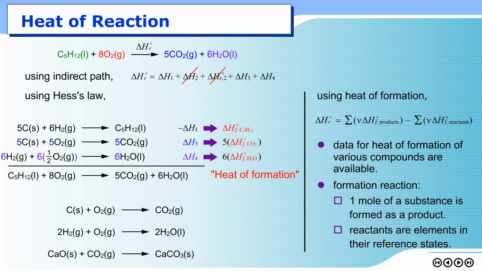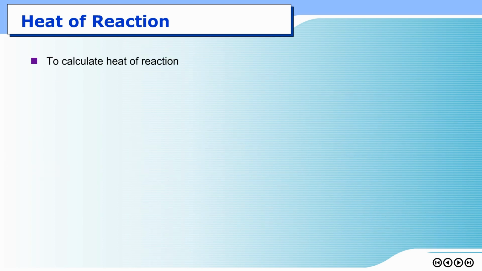So as a summary for this lecture, in order to calculate heat of reaction, we can use an indirect path. This is also very useful when the temperatures of reactants and products are not the same, or the temperature of the reaction is not the same as the data that are available.